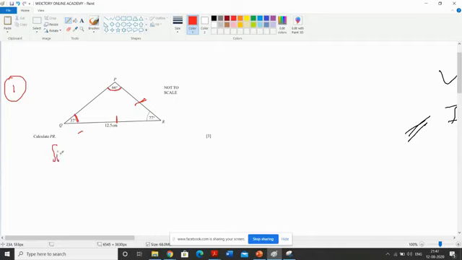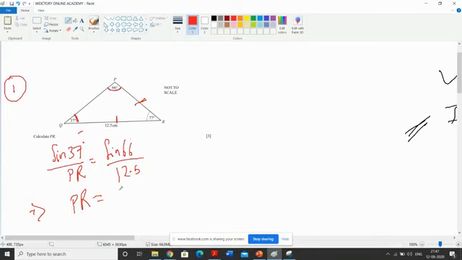So we can write sine of 37 divided by the opposite side PR equals sine of 66 divided by the opposite side 12.5. If you cross multiply, you will get PR equals 12.5 multiply sine 37 divided by sine 66.